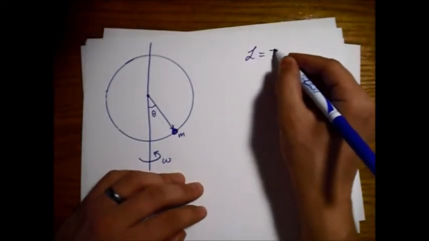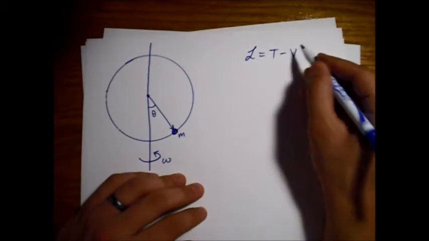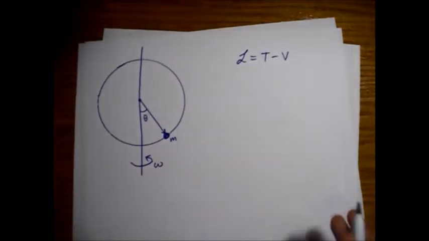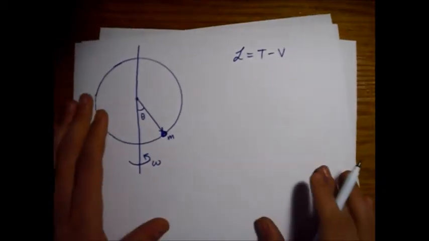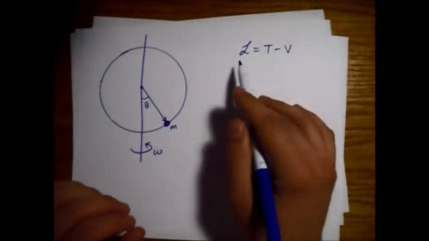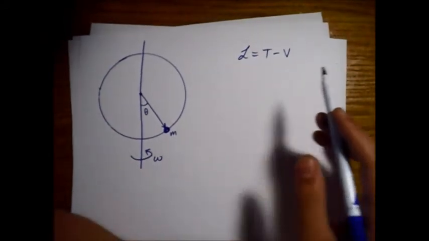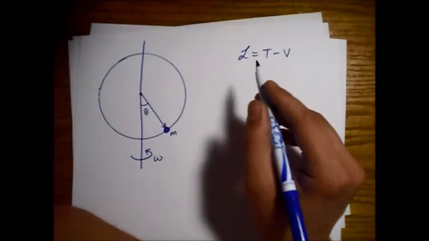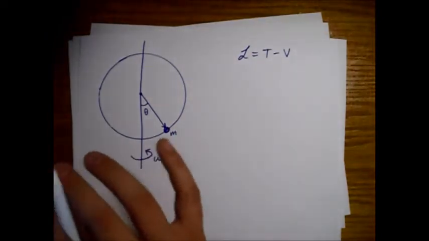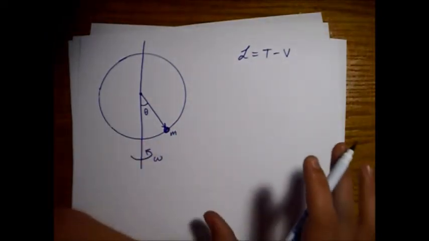start off with our Lagrangian, the kinetic energy minus the potential energy. A couple of ways you can set this problem up.